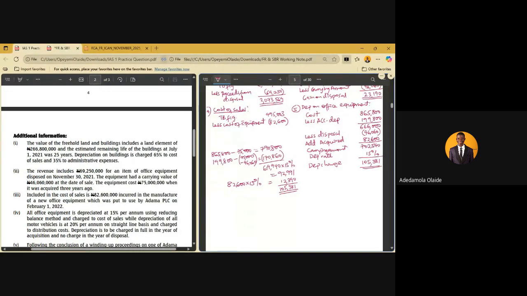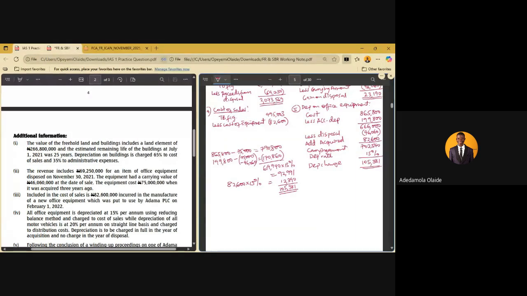The one for existing will charge full year depreciation. The one they just acquired, we will need to apportion the depreciation. This one that they acquired February, March, April, May, June, that's just 5 months. The one they disposed November 30, we'll have to charge only what?